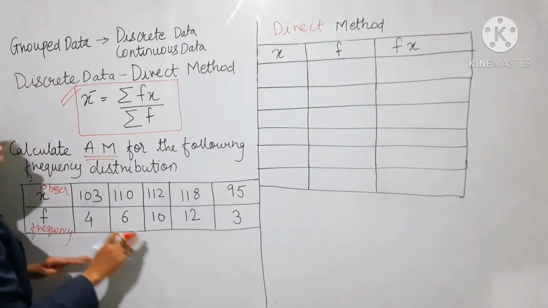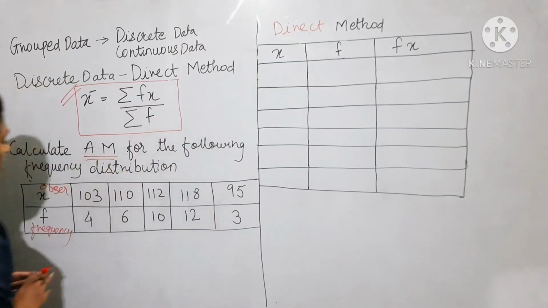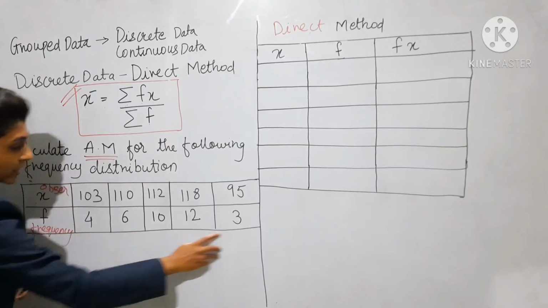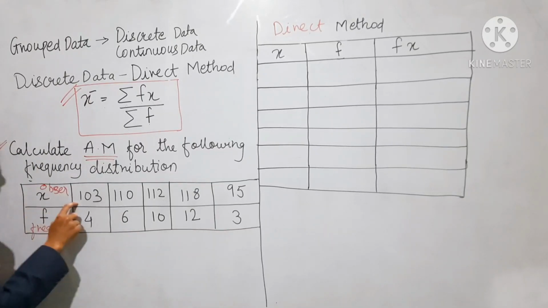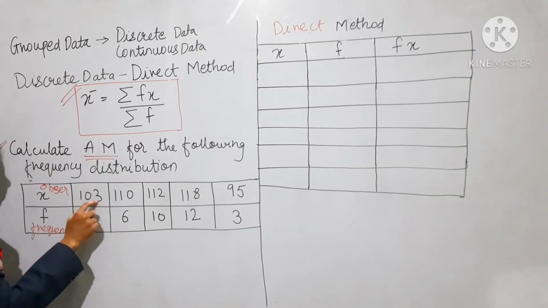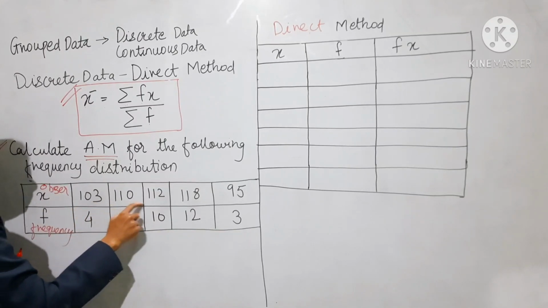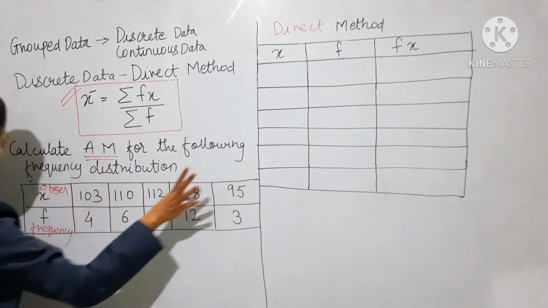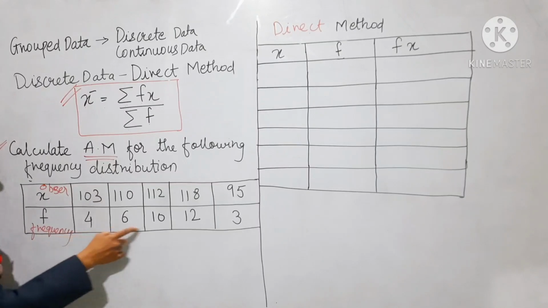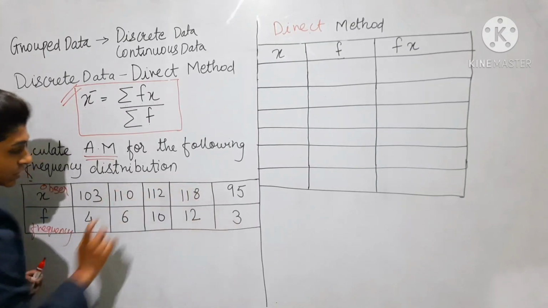First we'll try to solve by direct method. So this is the frequency distribution. X is 103, 110, 112, 118 and 95, and frequency 4, 6, 10, 12, 3.